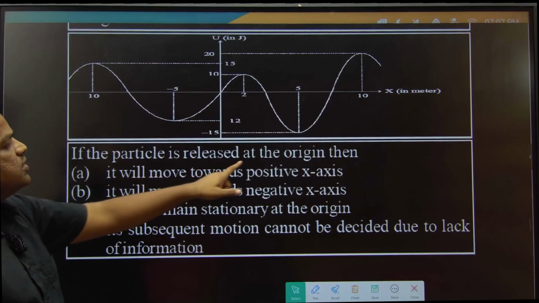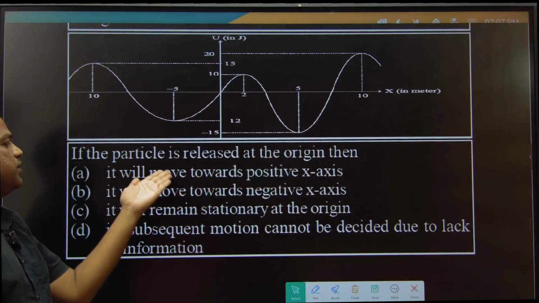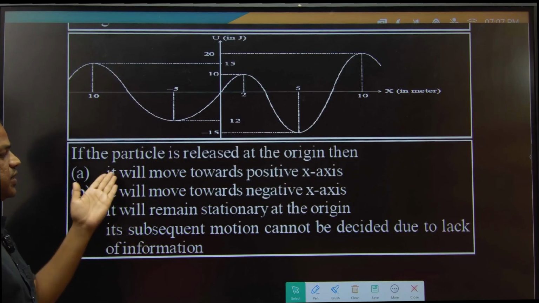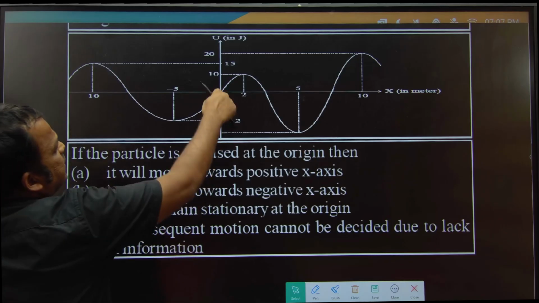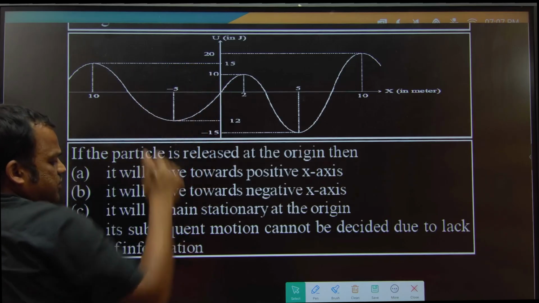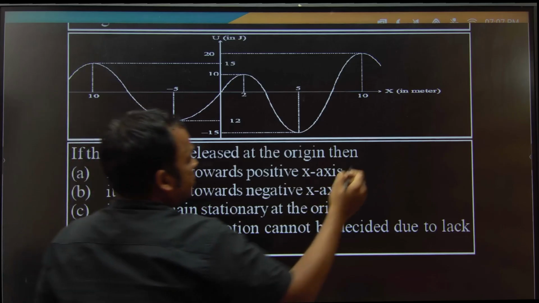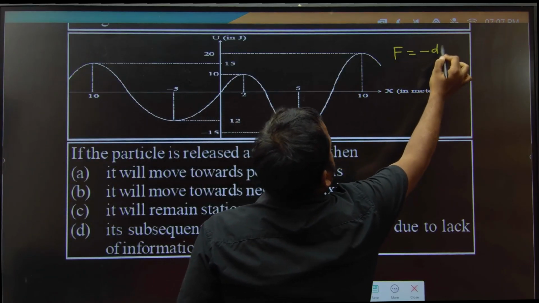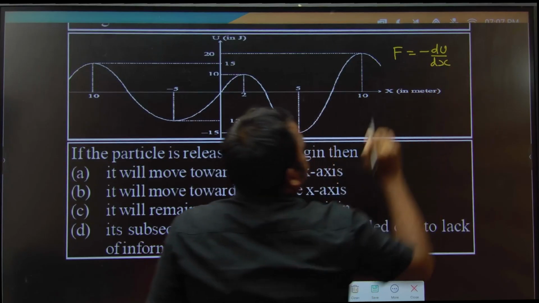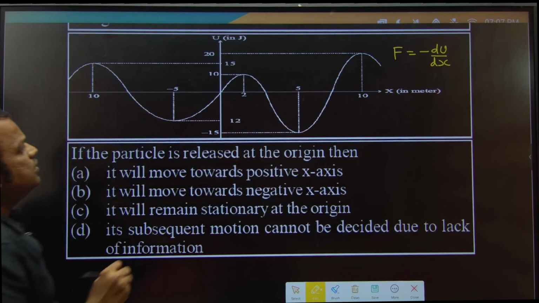If the particle is released at origin, we have to answer whether these statements are true or false. Released at origin means x equal to 0. The formula for force is F equals minus dU by dx.